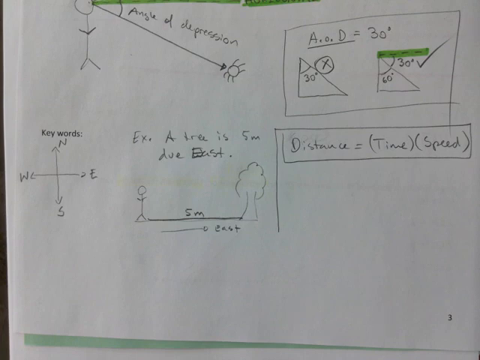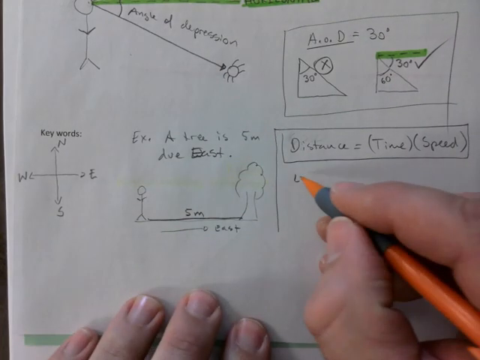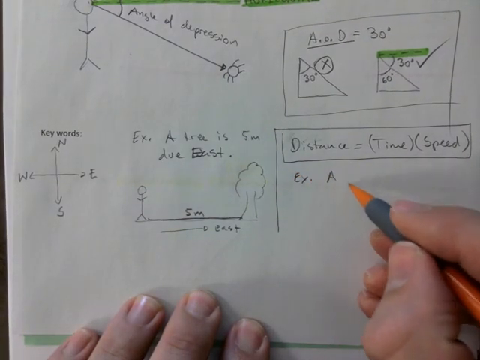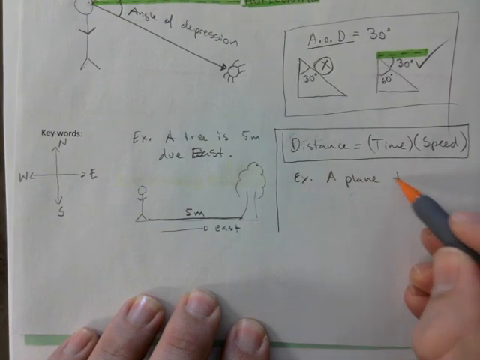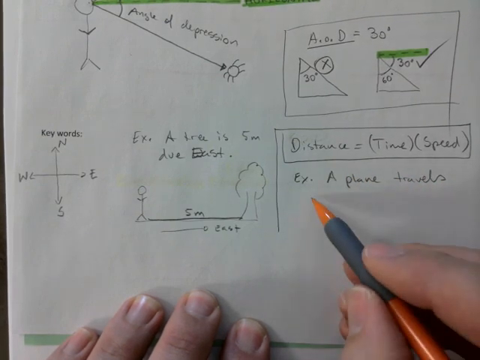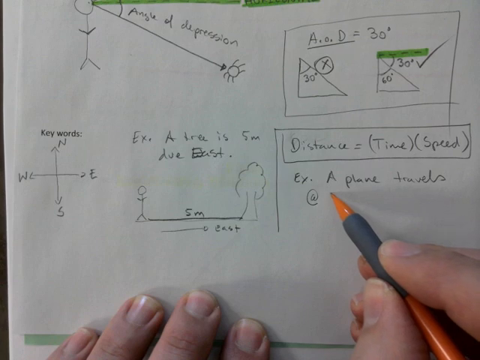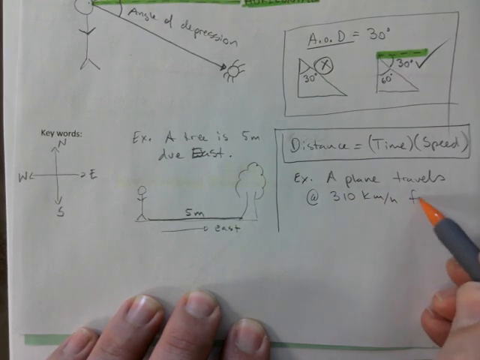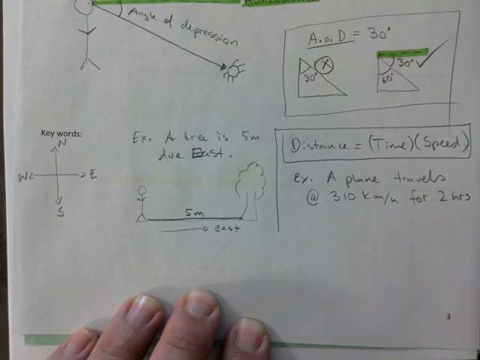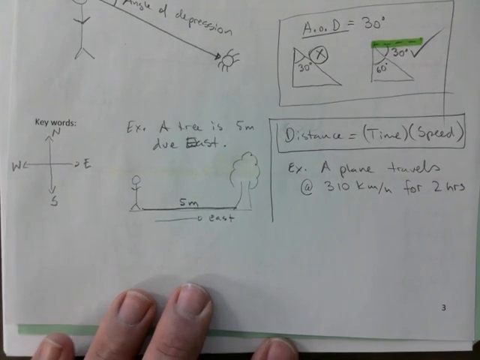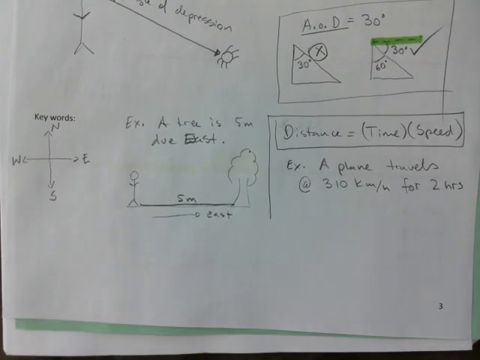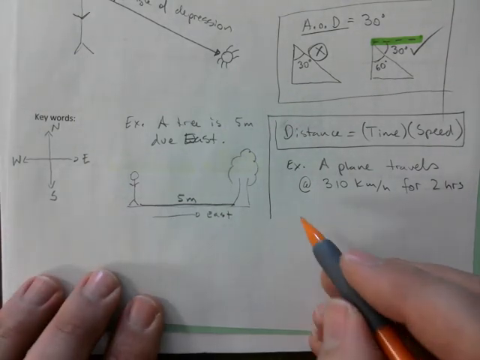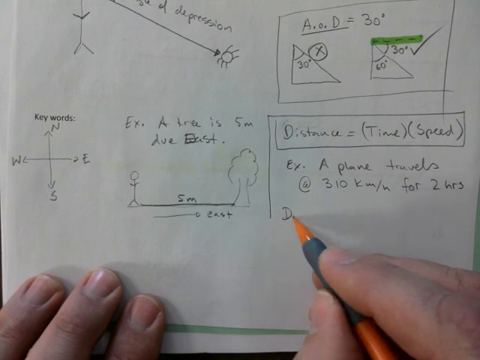Page 3. Example: a plane travels at 310 kilometers an hour for 2 hours. It's like, what? Speed and time? I need a length for that triangle, right? I need a length for one of the sides. No problem.